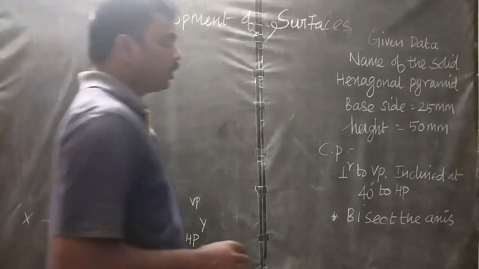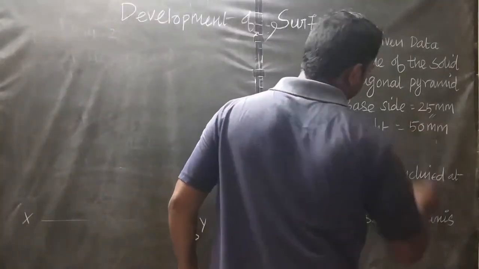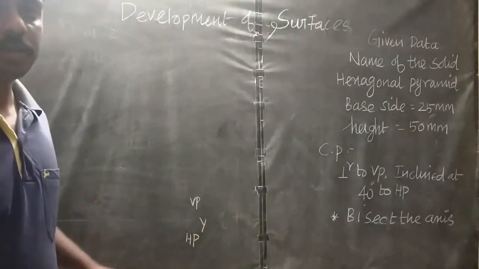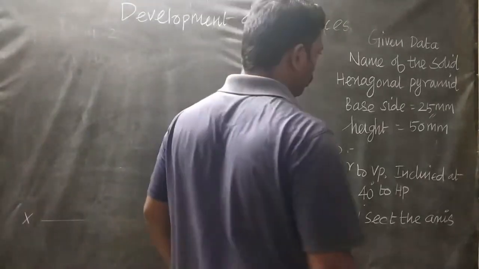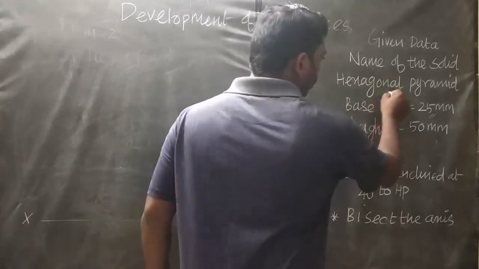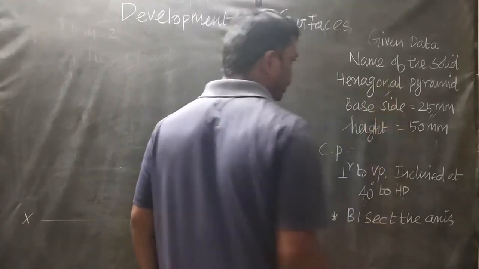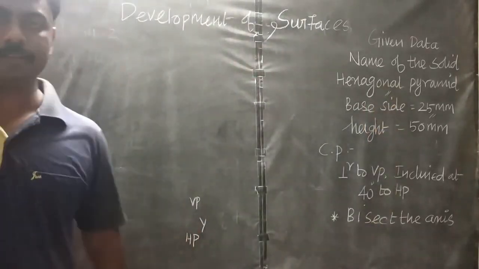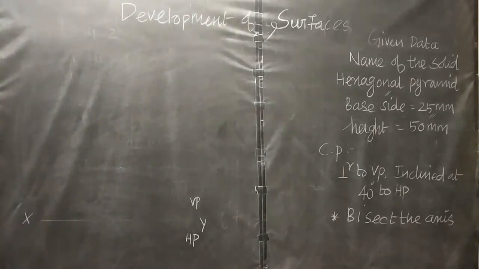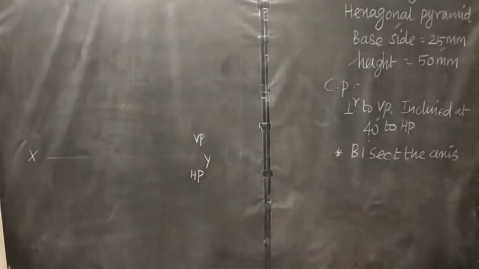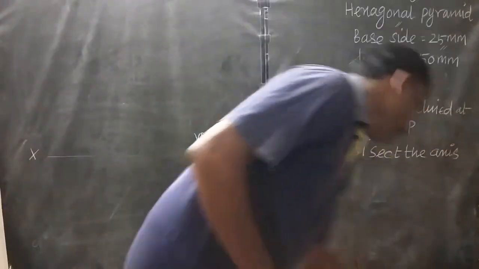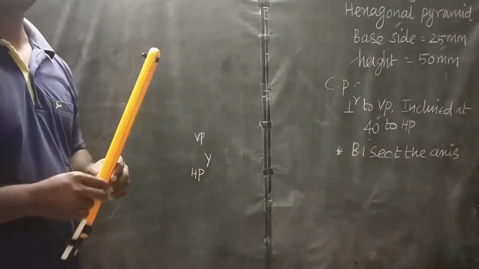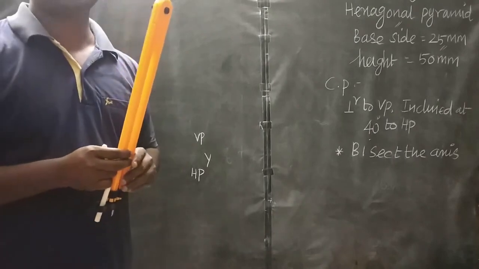Here 25 mm is taken as the radius. Draw one circle and, by using the circle, construct the hexagon. When you need a hexagon, draw a circle first.